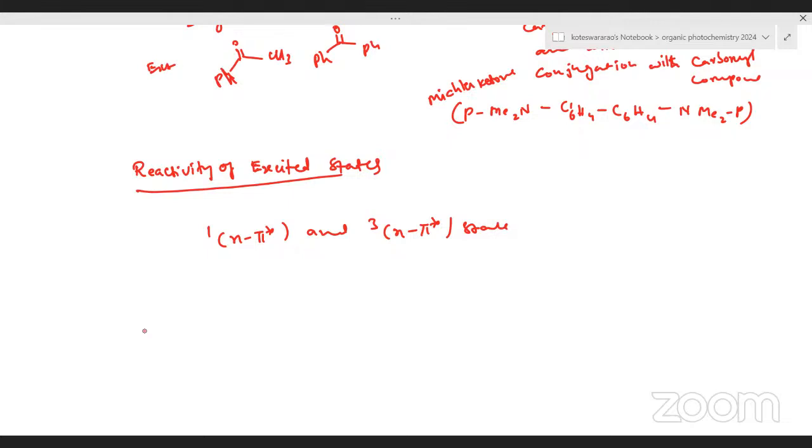Right. In such a case, we look into these excited states involving the carbonyl compound. There is no disturbance in the π electrons. What electrons are disturbed in this case? These n electrons. One of the electrons will be excited to a higher energy level.